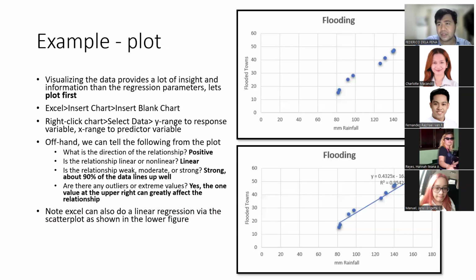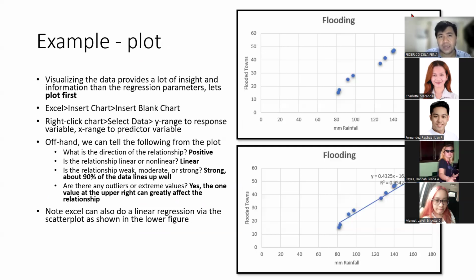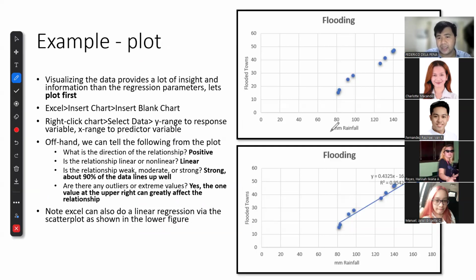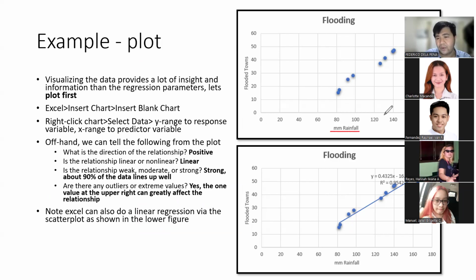Again, as usual, we always start with plotting the data set. Again, a simple scatter plot would be helpful. But be mindful of how you set your X and Y axis, right? So in here, our X-axis is our millimeters of rainfall.